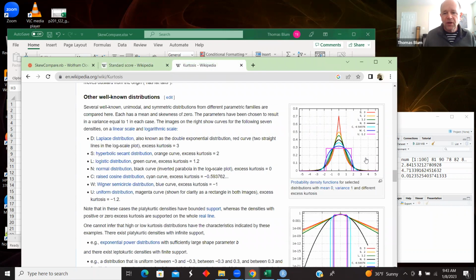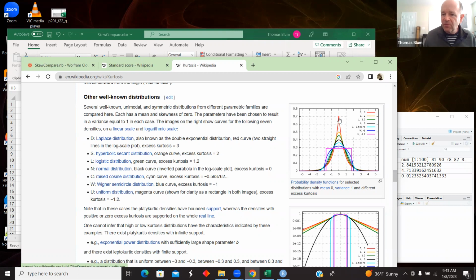So the kurtosis is captured somewhere in here. The black, I believe, is the normal distribution. It has a certain way of falling off from the central point. This magenta or pink is a uniform distribution. It is very flat and then just drops off.